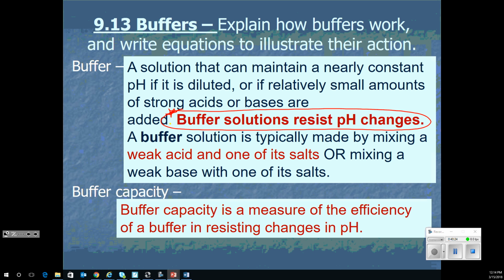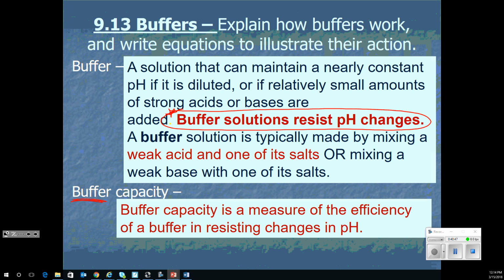We're going to do a buffer lab next time, and it's going to stay at basically the same pH for a long, long time, and all of a sudden it will go boom and be up here. That's when I broke the buffer. It doesn't go gradually like we've seen and then go up and over. It goes straight, straight, straight, boom, bam. Buffer capacity is just that: how much acid or how much base can I hold?